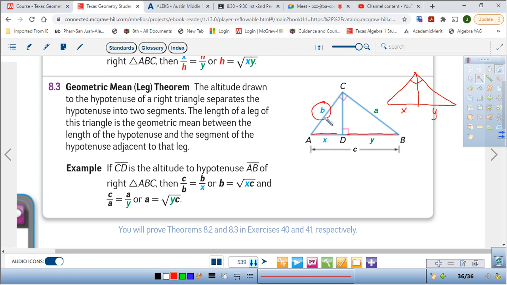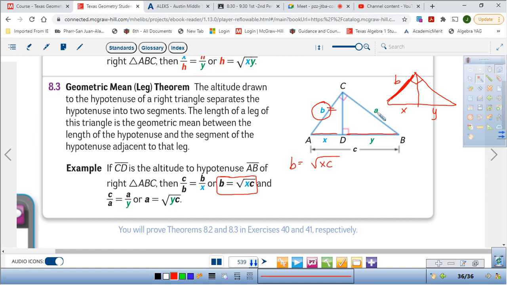B is equal to what? Here it says the length of the leg, this leg right here, is equal to the geometric mean between the length of the hypotenuse and the segment of the hypotenuse adjacent to the leg. So this one here is equal to the geometric mean of X and C. But wait, that's not the only leg I have.